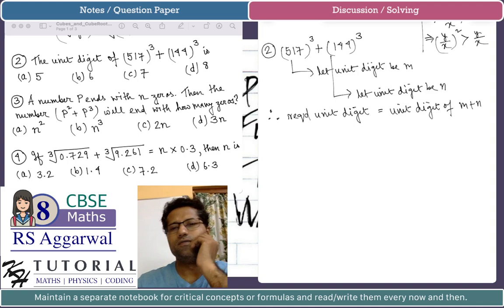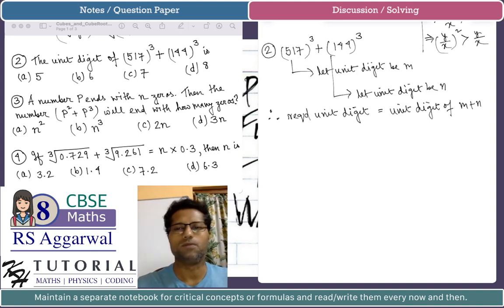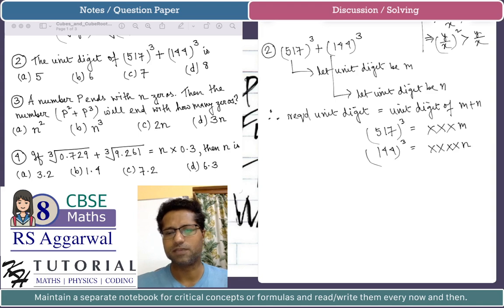So if the unit digit of the cube of 517 is m, and the unit digit of the cube of 144 is n, then definitely the unit digit of their sum has to be the unit digit of m plus n. The cube of 517 will be some number ending in m, and the cube of 144 will be some number ending in n, as per our assumption.